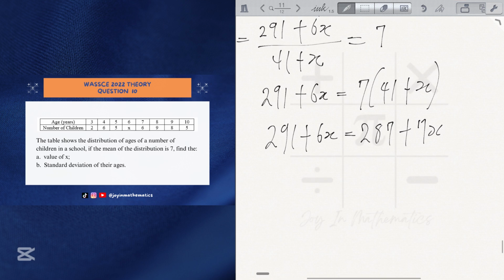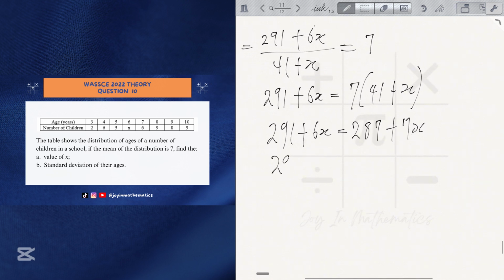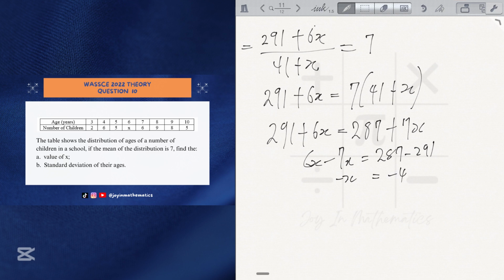So we can find the value of x now. Let's just bring x to the left hand side. 6x minus 7x is equal to 287 minus 291. So we have minus x equal to minus 4, and we have x now equal to 4.